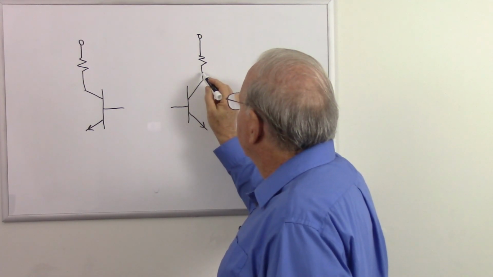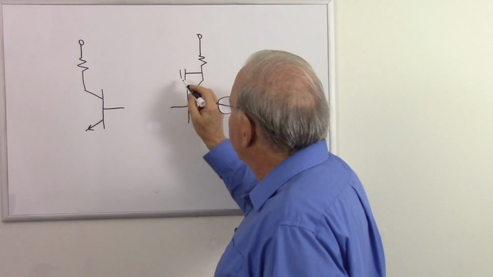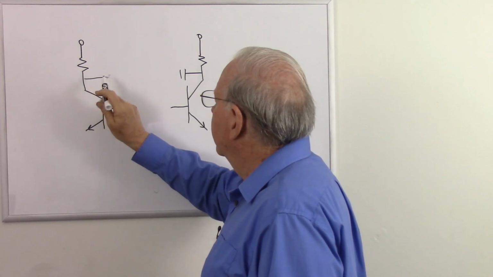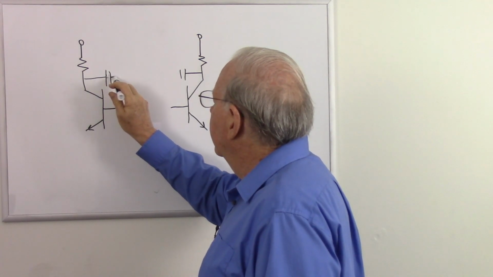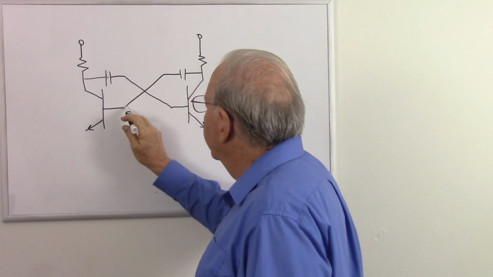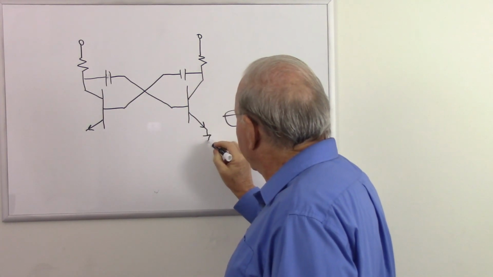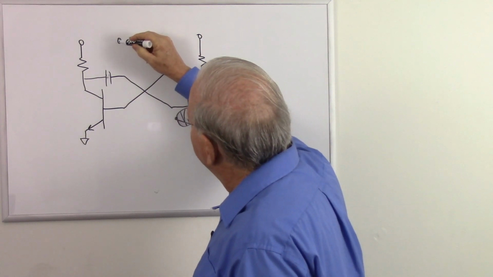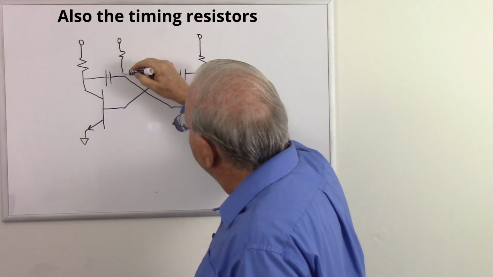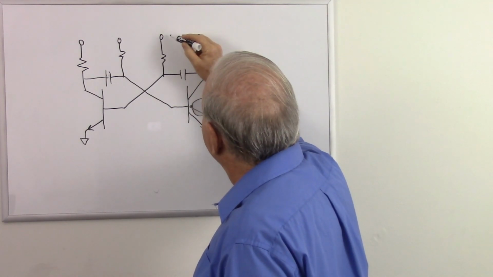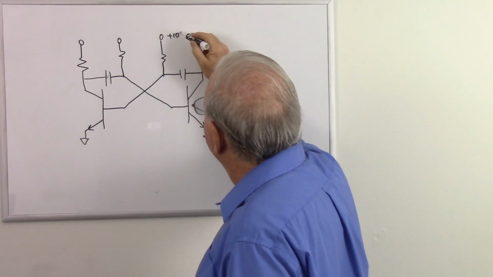And there's the capacitors, crossing over to the bases. Emitters are grounded. And here's the bias resistors going to the two transistors. These are all plus 10 volts.